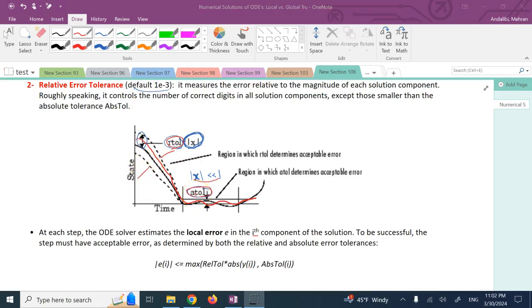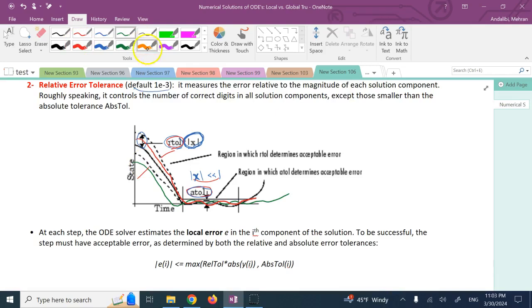And in the region where the magnitude is small, it stays within the absolute tolerance zone. So it is fine. But if I have a solution like this green one, clearly it is within the absolute tolerance zone, but not within the relative tolerance zone.